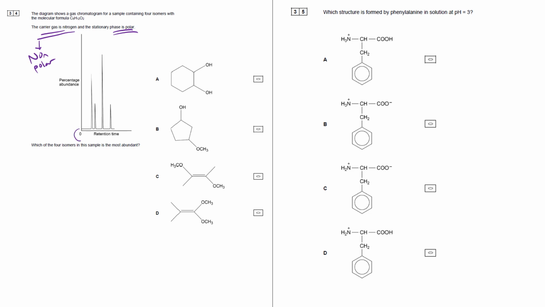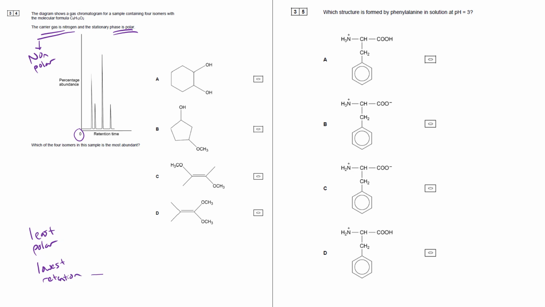So in terms of retention time, the one that comes out first is the one that's going to be the least polar because it's got the highest affinity to the non-polar mobile phase. So the one that gets carried through by nitrogen is going to be the one that's most non-polar. Lowest retention time.